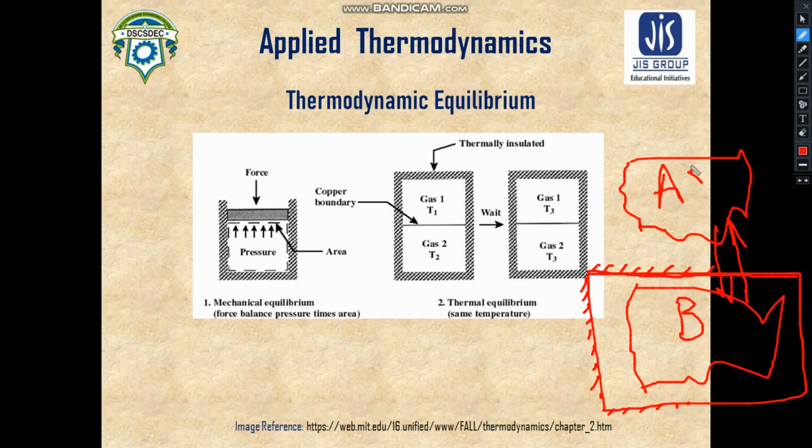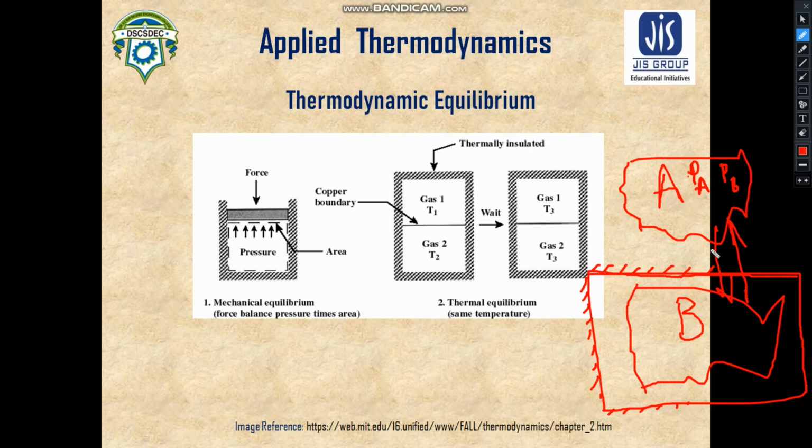Now what happens? Let us consider that it had property values PA, PB. We are taking two different property values because we are taking a single component, single phase system.